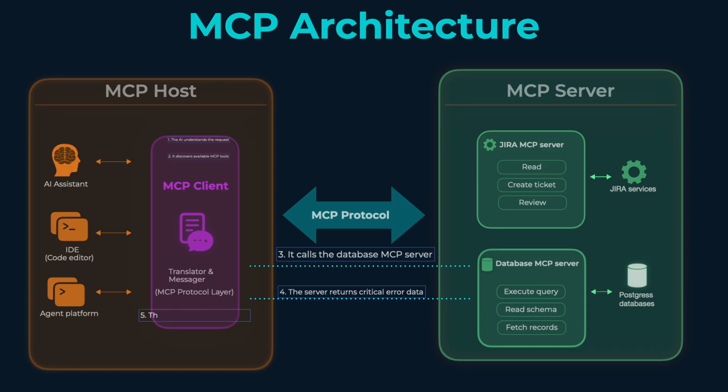The AI analyzes the results and calls the Jira MCP server so that tickets can be created automatically. Notice something important? The AI never needed custom database code. It never needed custom Jira code. Everything happened through MCP. One protocol, multiple tools, seamless communication.